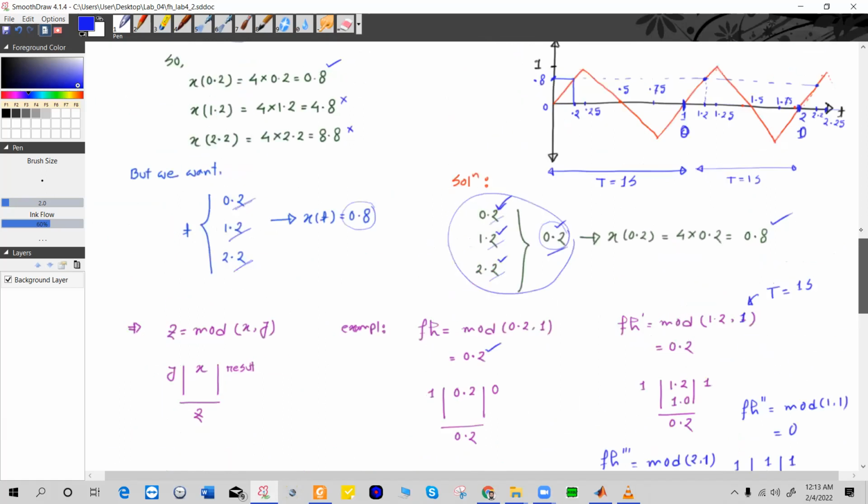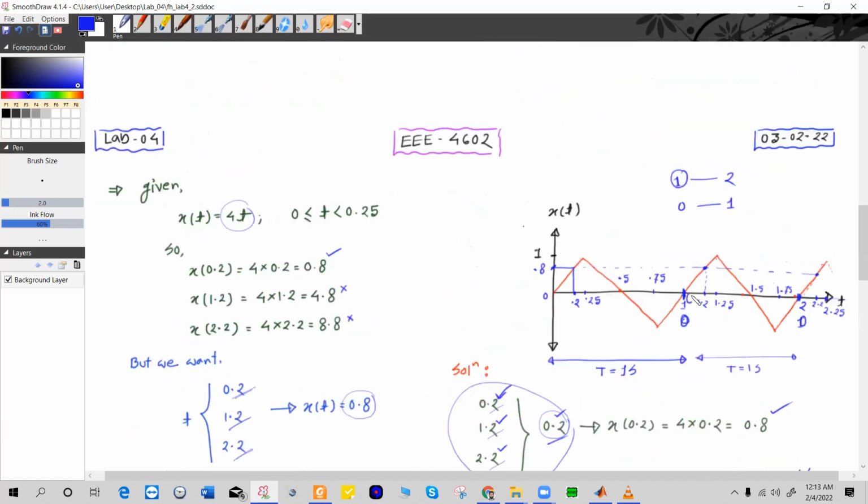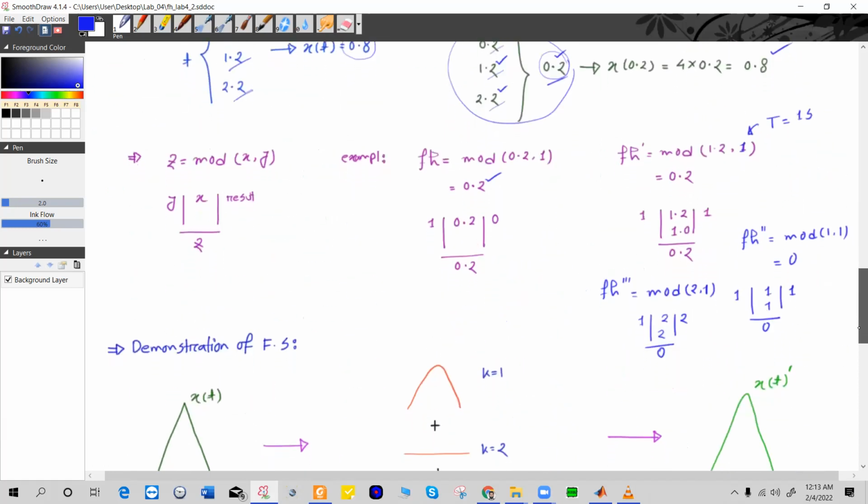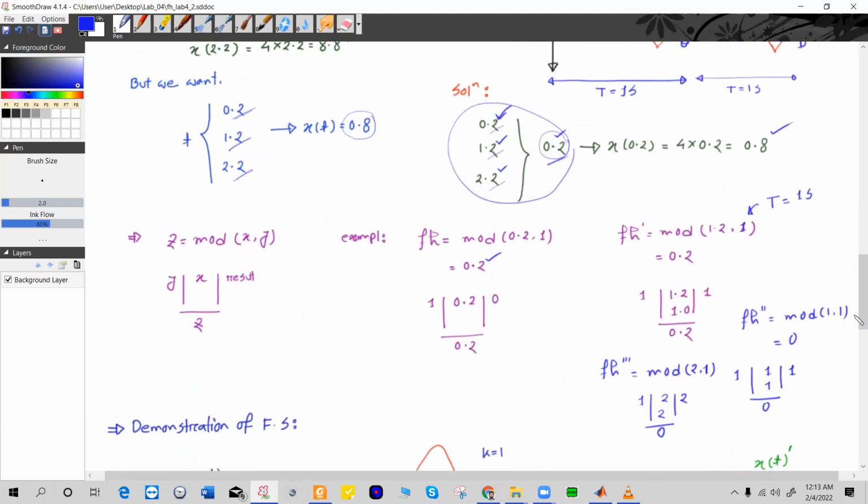As a result, you can see this will be 0, this will be 0, this will be 0. In all cases, these points will be 0, and this point will be 0.25. This point will also be considered as 0.25, and this point too. As a result, you can have the repeated signal even after the first period. So that is the main goal of the mod function.